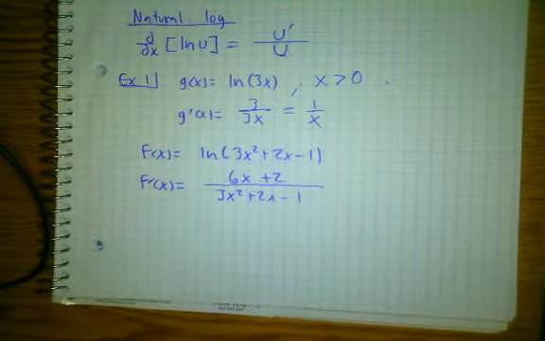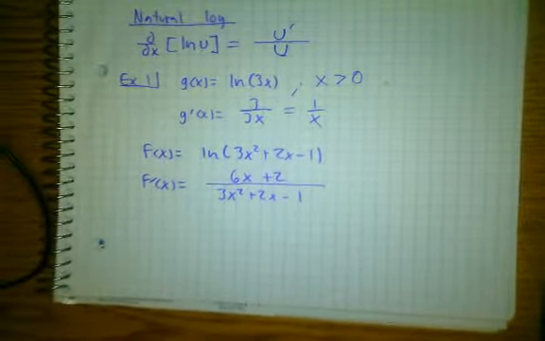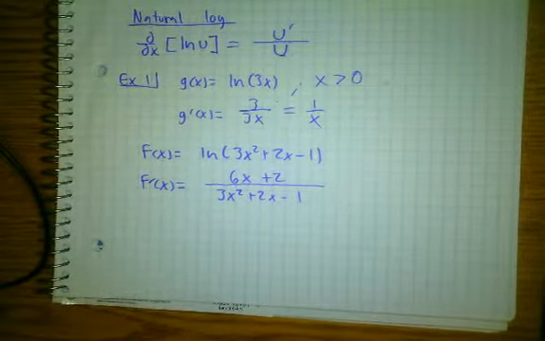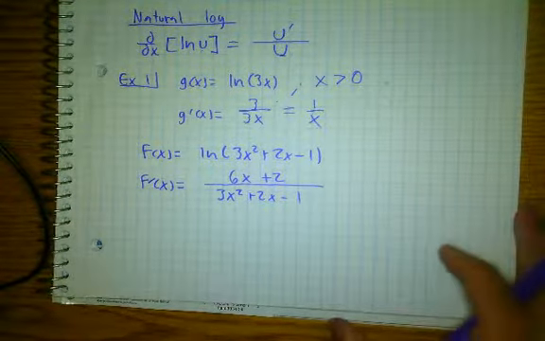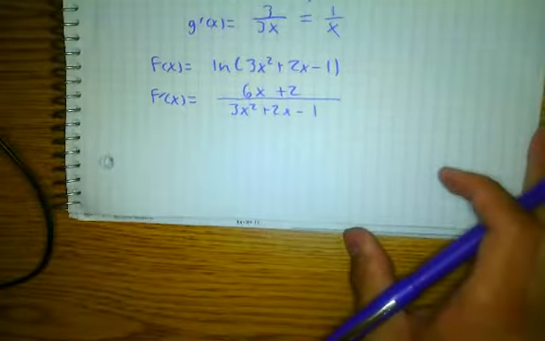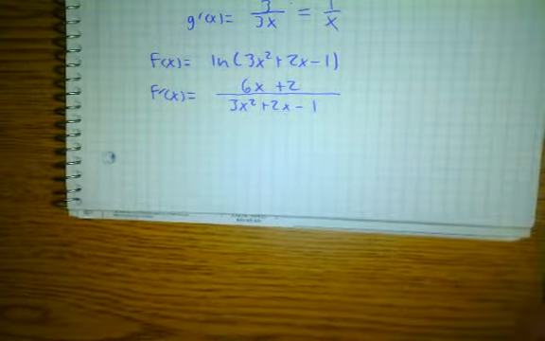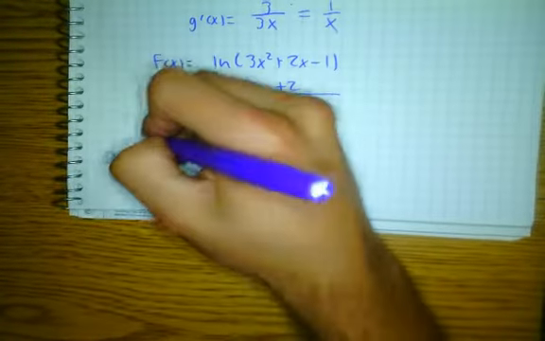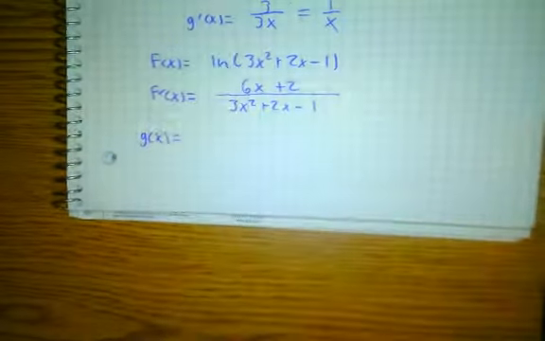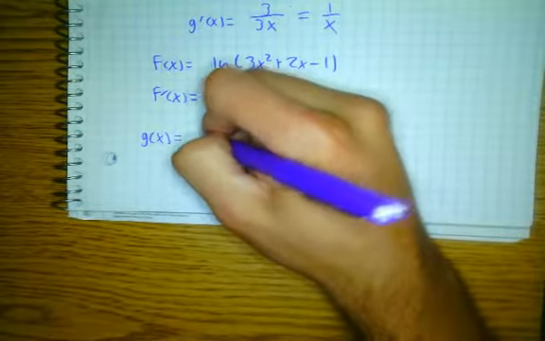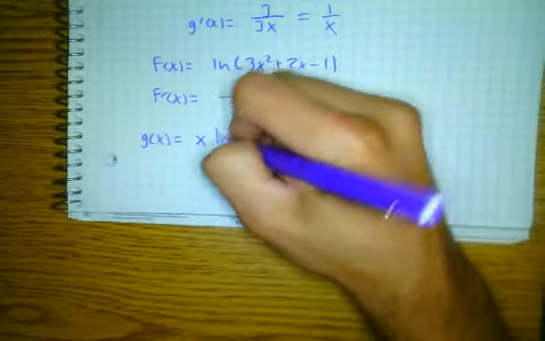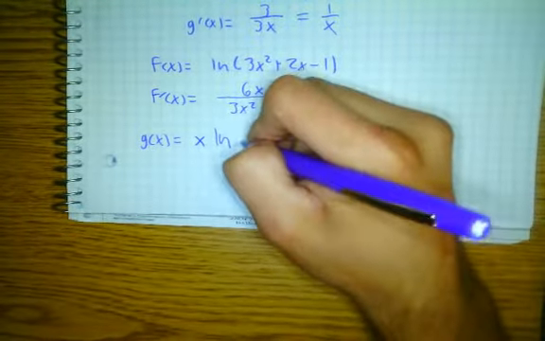If you wanted to factor out a 2, but I don't see how that's going to help, right? It's not going to cancel out. I would just leave it like that, right? Okay, last one, because I feel like the natural base and the natural log are really simple. Let me make sure that you can practice it when it's more than just the natural log. So, g of x is equal to x times the natural log of x.